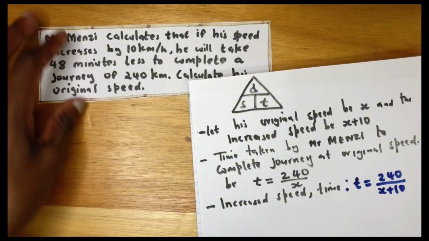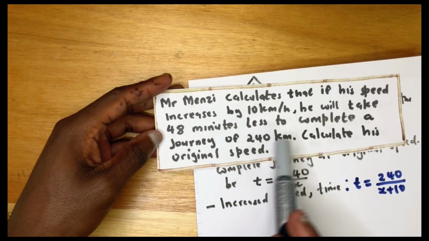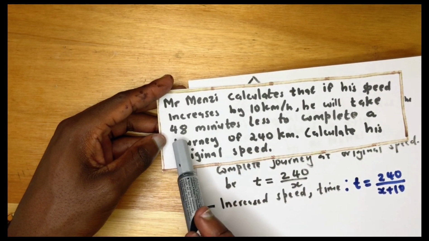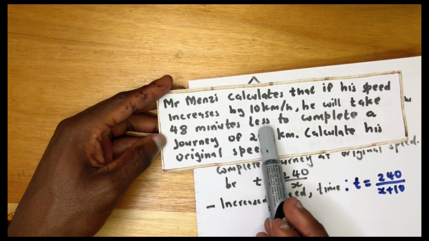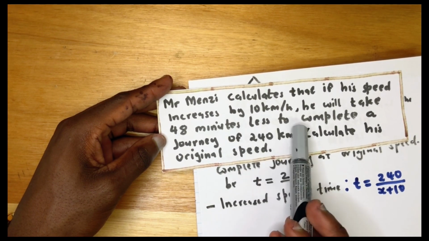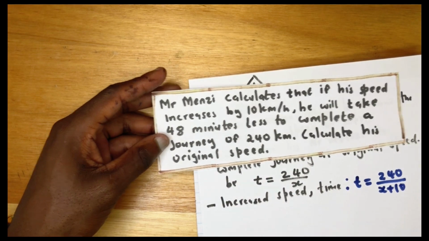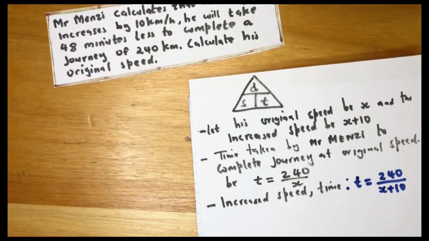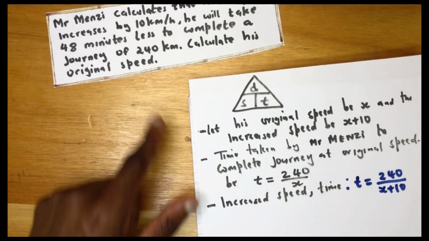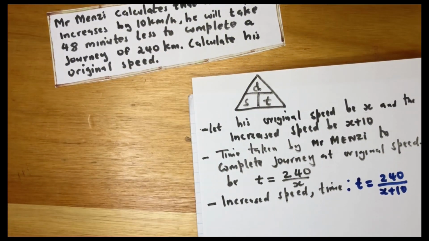Remember, we have this thing the question was telling us. He will take 48 minutes less. Remember, this is less, guys. This is less to complete a journey. So we need to convert these minutes to hours, because the speed is in kilometers per hour.